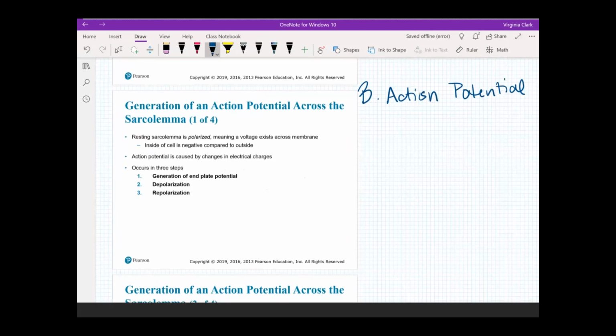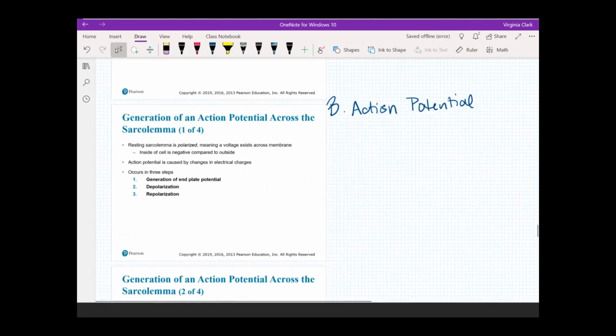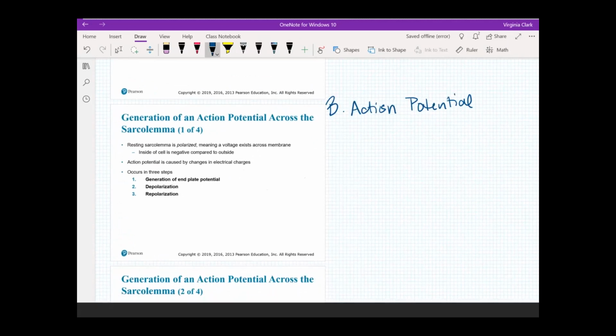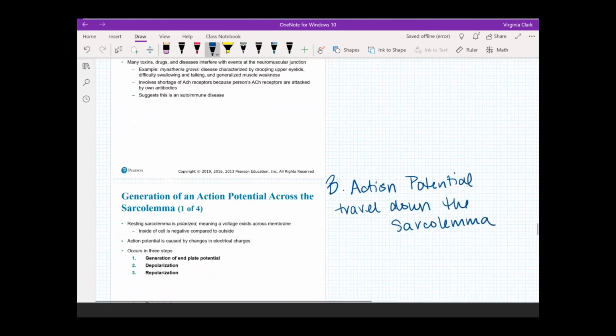I don't think I have enough room. And he will travel down the sarcolemma.